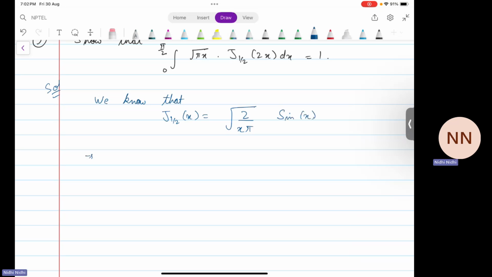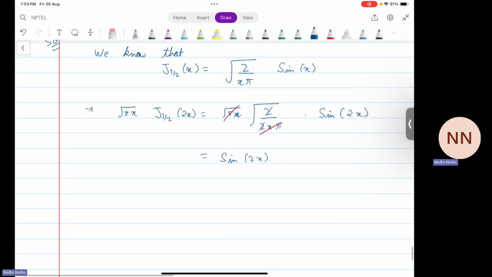So this gives us root pi x times J 1 by 2 of x is equal to root pi x times root 2 by, so this x would be replaced, sorry, we want J 1 by 2 at 2x. So this x will be replaced by 2x pi times sine 2x. So this gets cancelled out, this gets cancelled out. We are left with sine 2x.